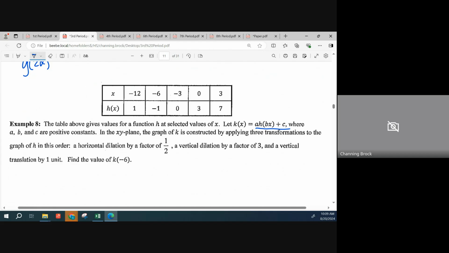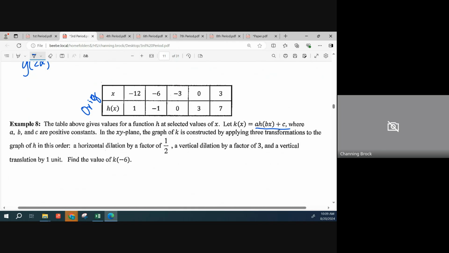H. So this represents the original. It says where A, B, and C are positive constants. In the xy plane, the graph of k is constructed by applying the transformations to the graph of h. So again, that statement right there lets you know that h is the original.